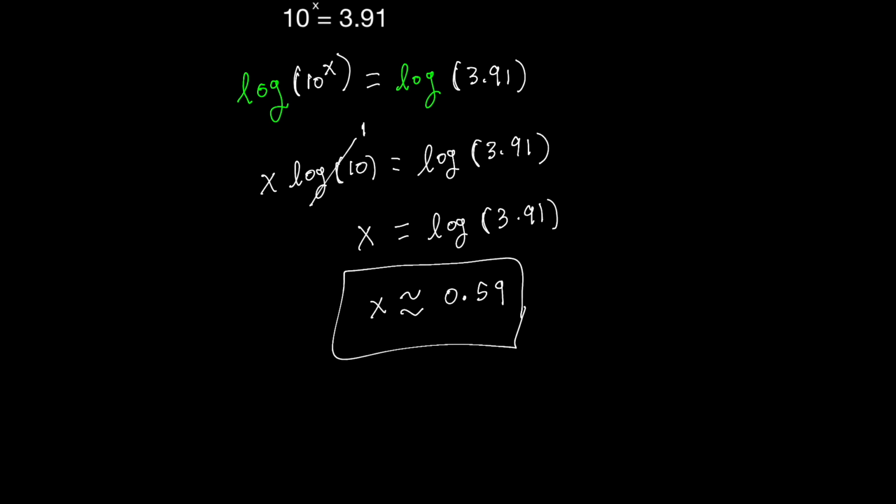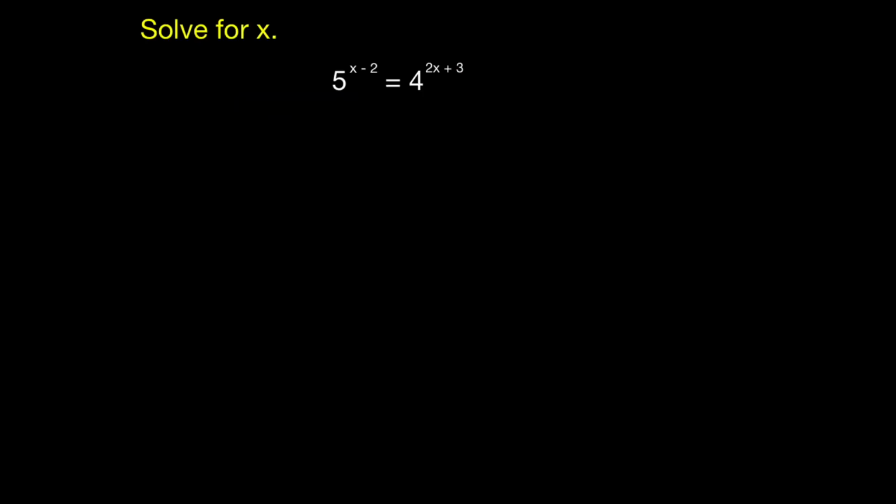I will use a similar approach on this next problem. Here I have to solve 5 raised to the x minus 2, and then that's going to equal 4 raised to the 2x plus 3. So I'm going to begin by taking the logarithm of both sides, and that's going to yield this new equation, log of 5 to the x minus 2 equal to the log of 4 to the 2x plus 3.